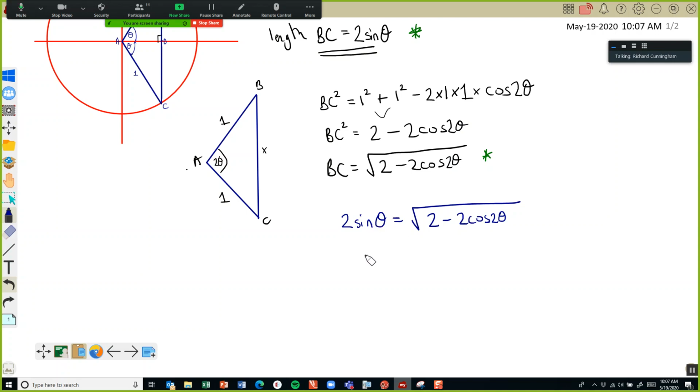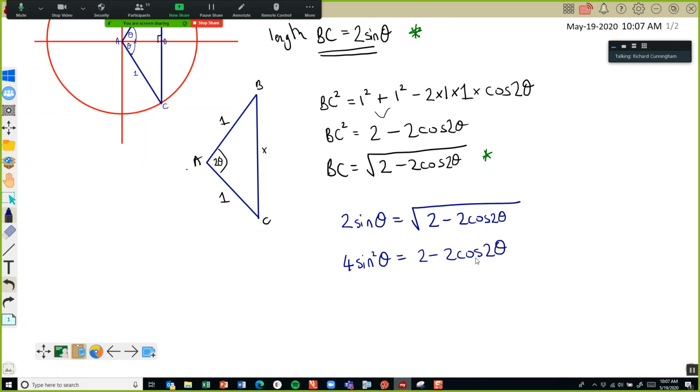So if I square the left-hand side, 2 squared is 4, I'm going to get 4 sine squared theta. When I square all of this on the right-hand side, I'm going to get 2 minus 2 cos 2 theta.